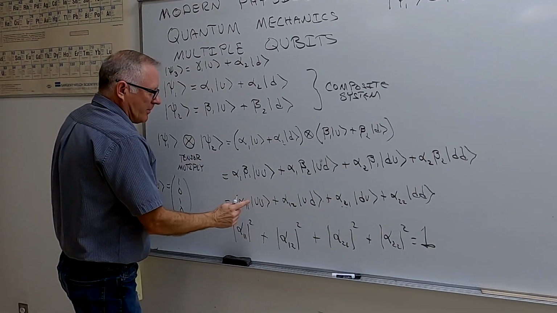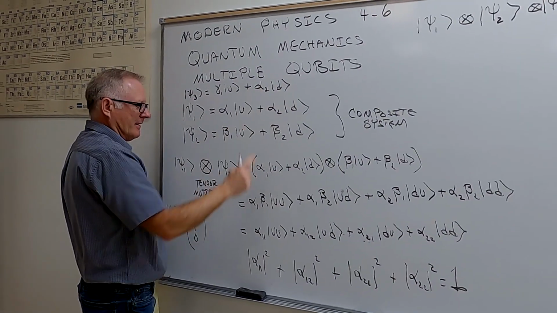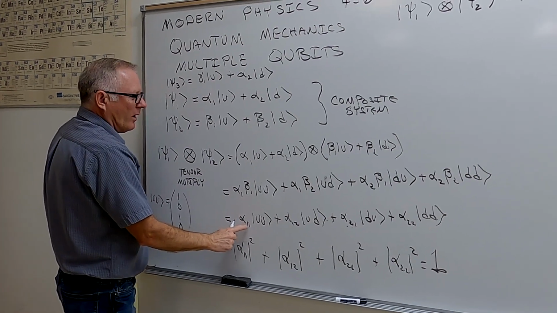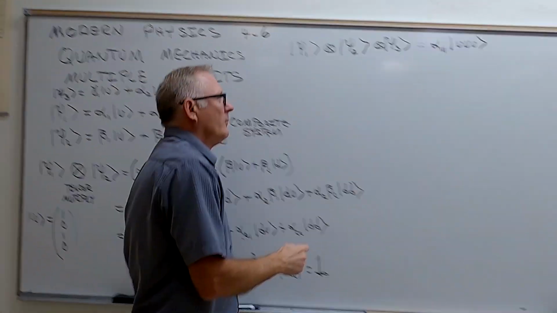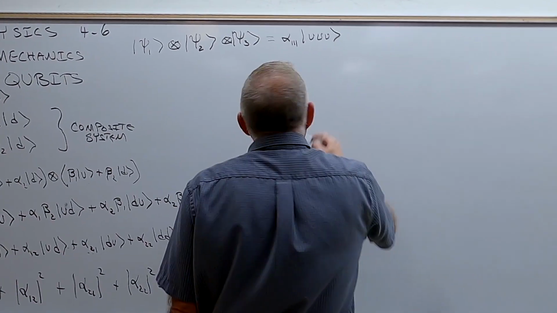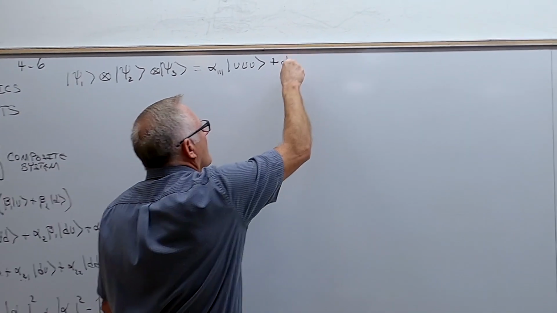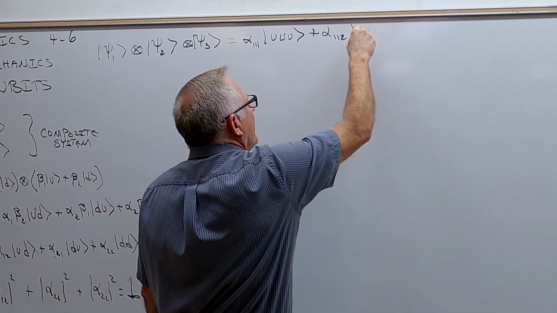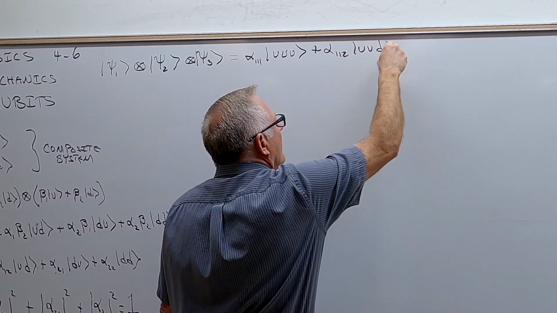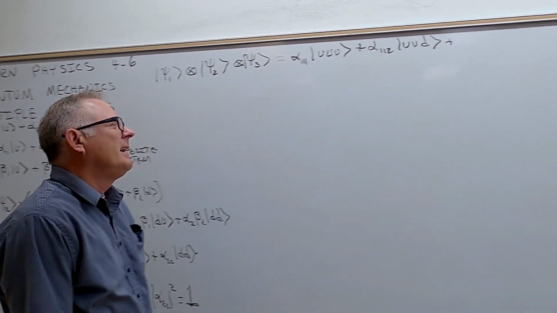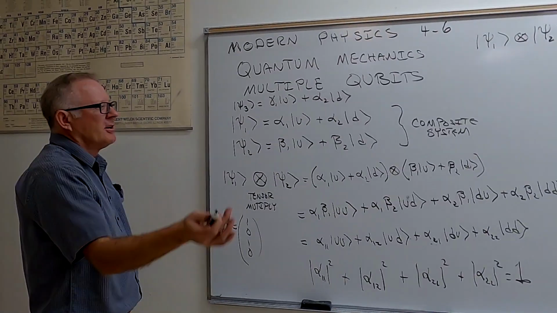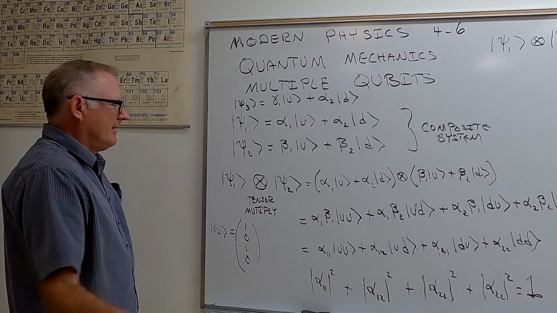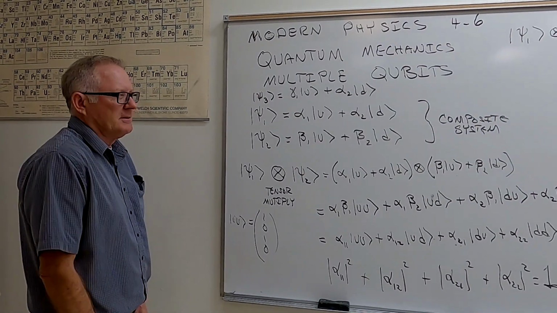And then when I multiply this times this, you get an alpha 1,1,2 up, up, down, plus, and so on. This is going to be 8 terms. I'm not going to write them all out, but there's going to be 8 terms here. This would be an 8-dimensional space right here.